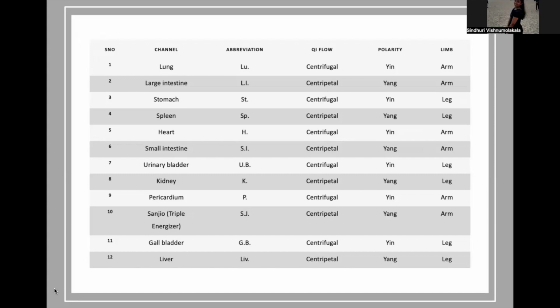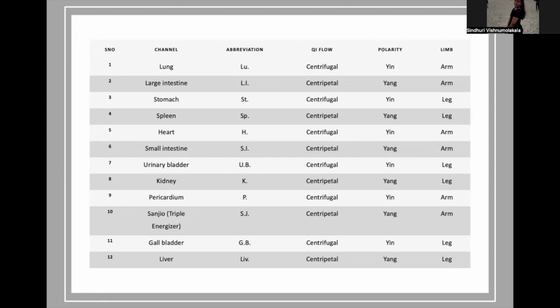Now let's again memorize the yin channels of the arm, yang channels of the arm, yin channels of the foot, and yang channels of the foot. So the three yin channels of the arm are lung, heart, pericardium.